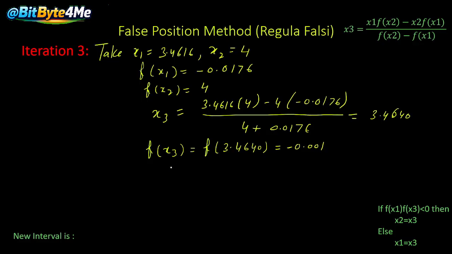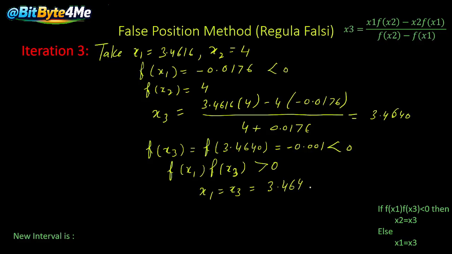So f(x3) is negative and f(x1) is negative, so f(x1) into f(x3) will be positive. If f(x1) into f(x3) is positive, then x1 has to change. x1 is equal to x3, that is 3.4640, and it means the next interval will become 3.4640, 4.